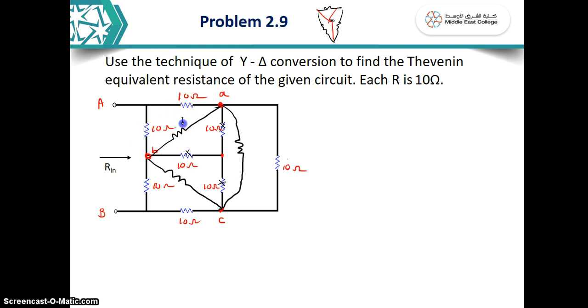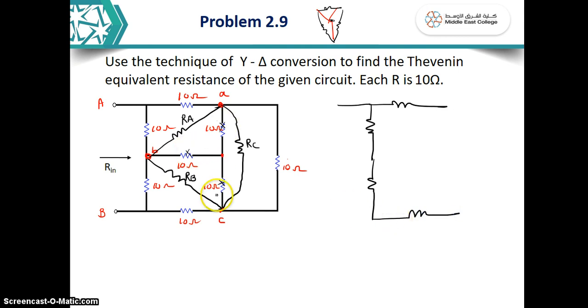Now for the delta I am just representing it as RA, say this is RB, say this is RC. So when we replace this circuit, how will it become? This is no change. Here 10 ohm, here 10 ohm, this 10 ohm, no change, this 10 ohm, no change.